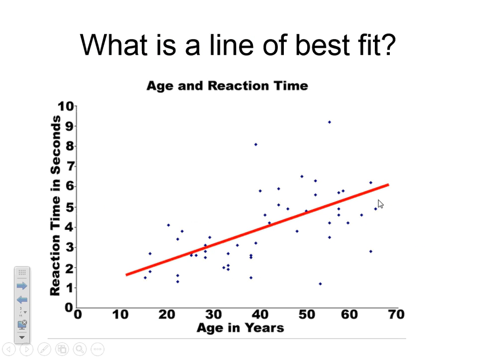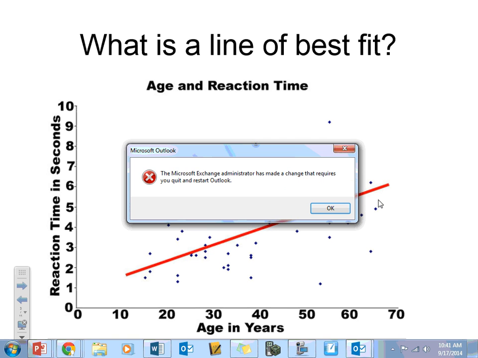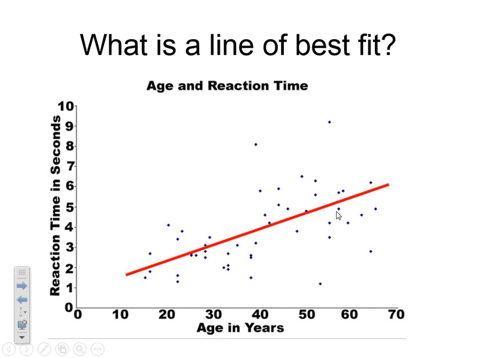So you might see this. This is a real life scatter plot comparing age and reaction time, and how age impacts the reaction time of a person. So in this case, you can see that scientists have made a survey and they've plotted all their data points on this graph, and they now may want to predict what kind of reaction time an 80-year-old might have.